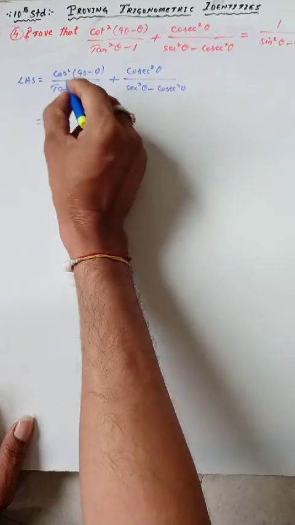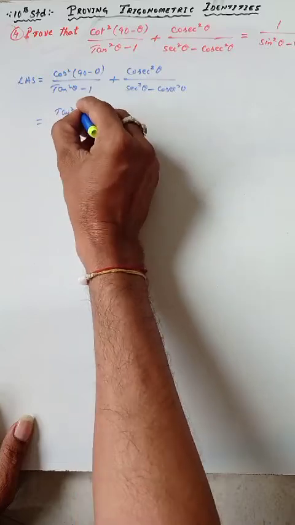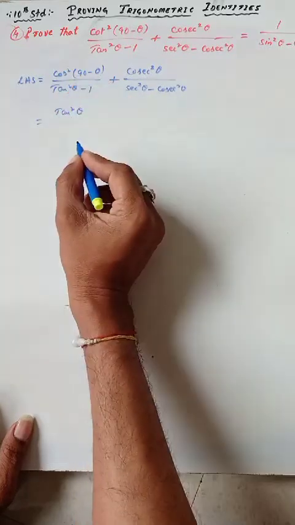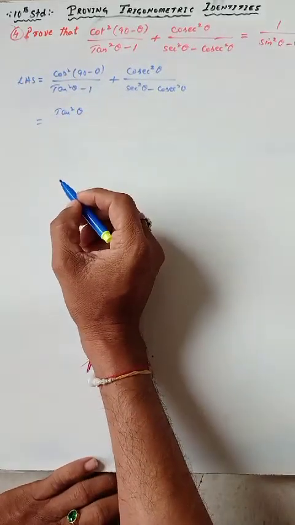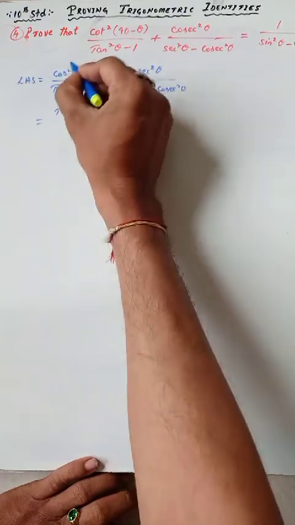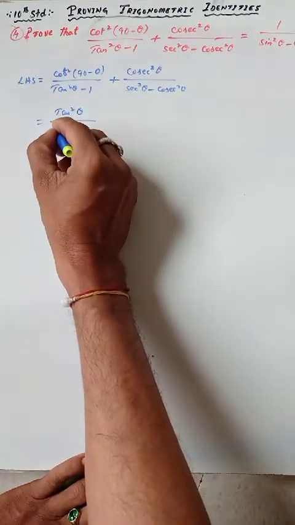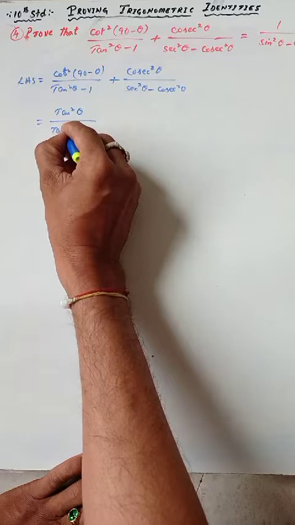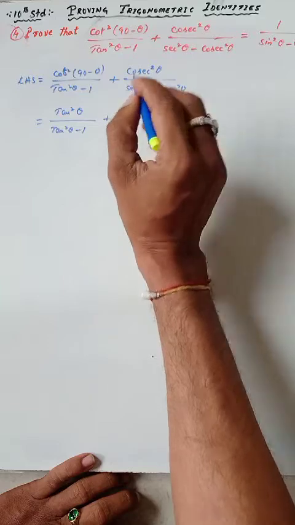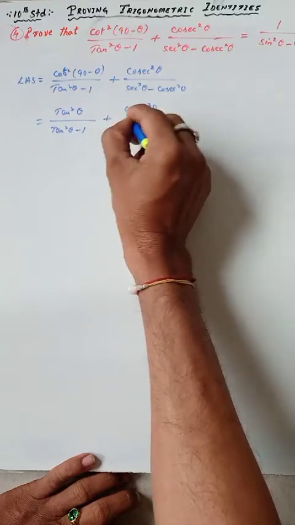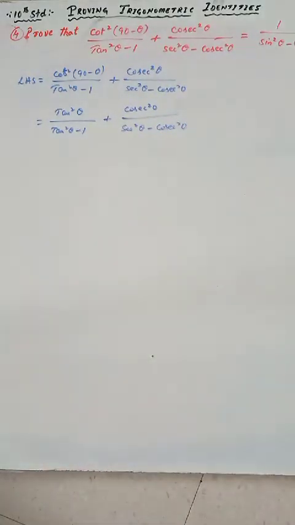As we know, cot of 90 minus theta is tan theta, so according to complementary angles we can write cot squared (90 minus theta) as tan squared theta, divided by tan squared theta minus 1, which you take as it is in this step. Cosecant squared theta by secant squared theta minus cosecant squared theta, you keep that as it is in that step.